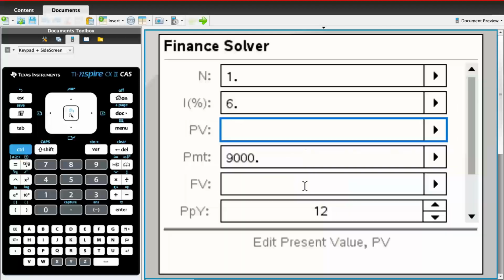So this is one of the limited number of cases where you do need to try to do it outside of the solver. And so if you think about PV equaling FV, what you're really trying to say is, I must make the payment the same as the interest generated. So let's see how that works.